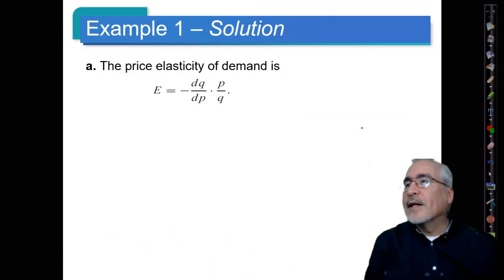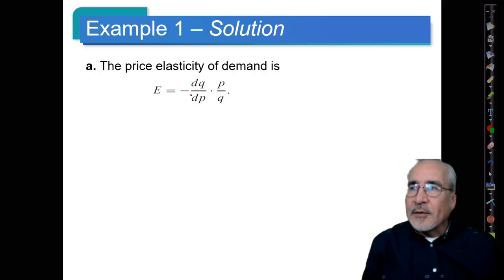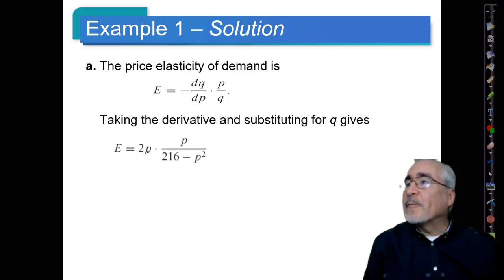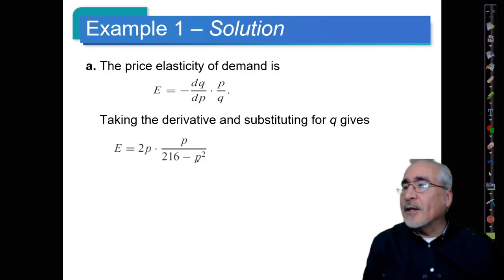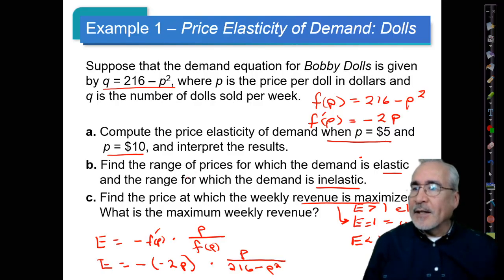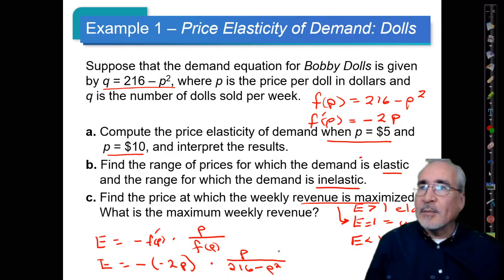There we go. So again, they use slightly different notation, but this is the negative derivative times p over q. And so minus p, right? We had that, so there they end up with 2p times p over 216, which is similar to what we had. We had minus p times minus 2p, so that becomes positive 2p times p over 216 minus p squared.